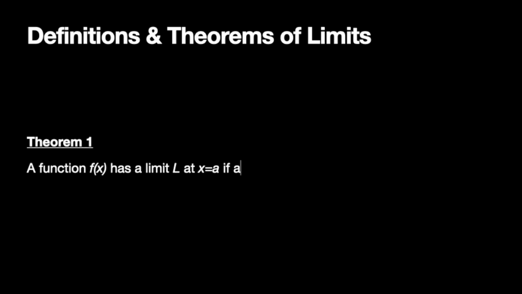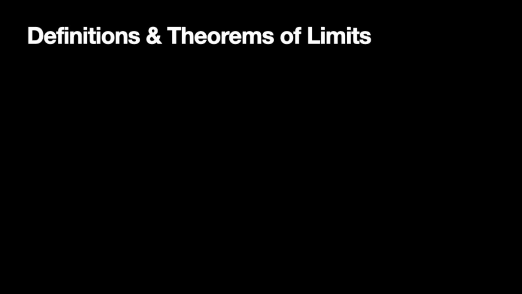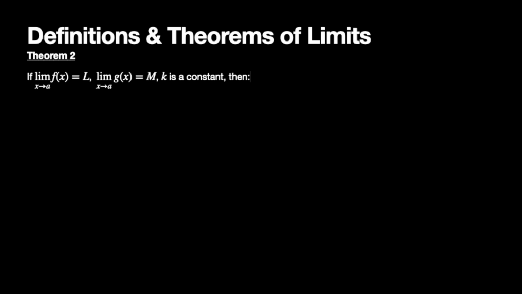Theorem 1. A function f of x has limit L at x equals a if and only if it has both left and right limits there, and these one-sided limits both equal L. Theorem 2. Limit rules. If the limit as x approaches a of f of x equals L, and the limit as x approaches a of g of x equals m, and k is a constant, then 1.